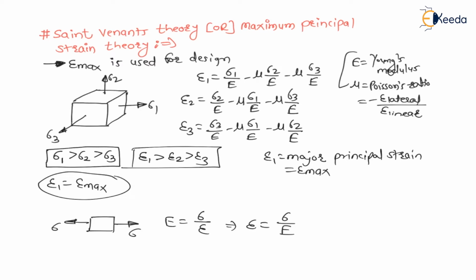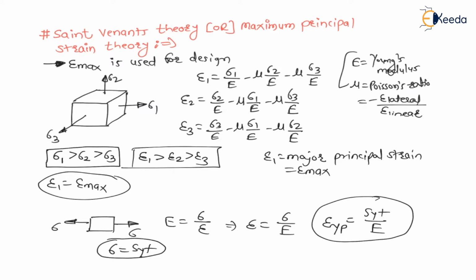Now if the applied stress becomes equal to SYT, the yield strength, then this will be the strain at yield point. Strain at yield point is nothing but SYT divided by E. Therefore, strain at yield point under simple tension is nothing but SYT by E.